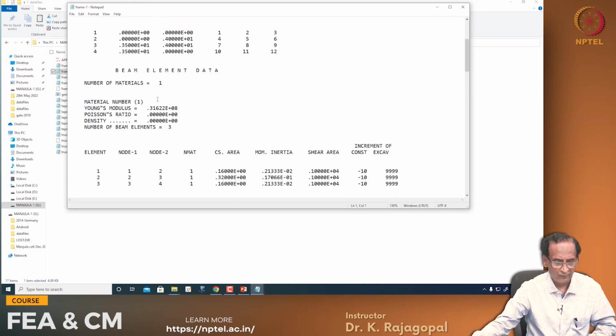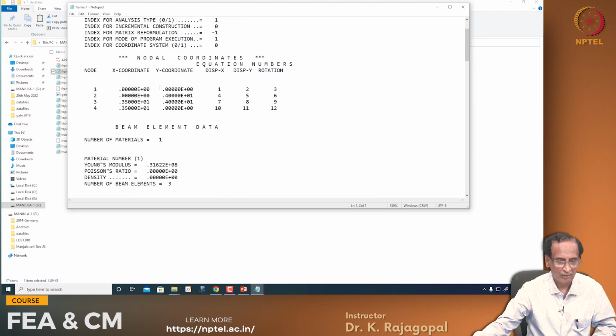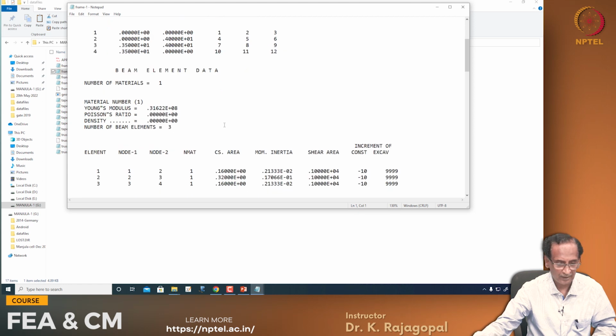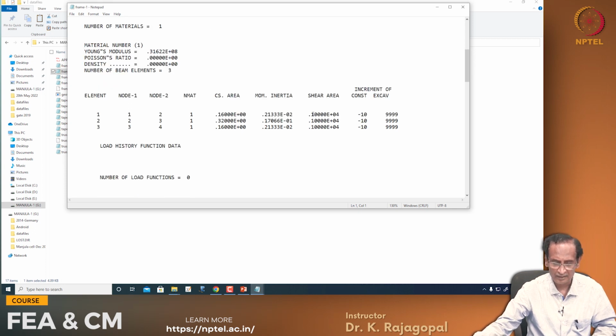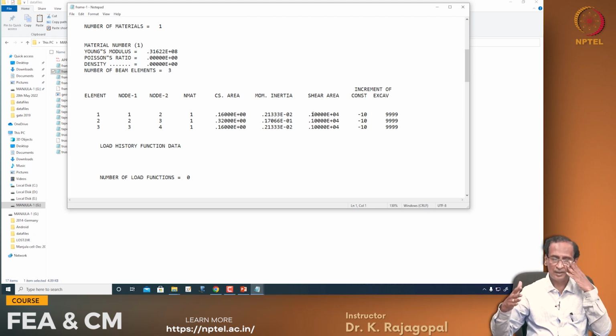So this is the result file. This is the nodal coordinate data. There are totally 12 degrees of freedom, and then the beam element data: cross sectional area, moment of inertia, shear area. Actually, as I mentioned, the shear area is taken as a very large value, so that these elements become pure flexural members.